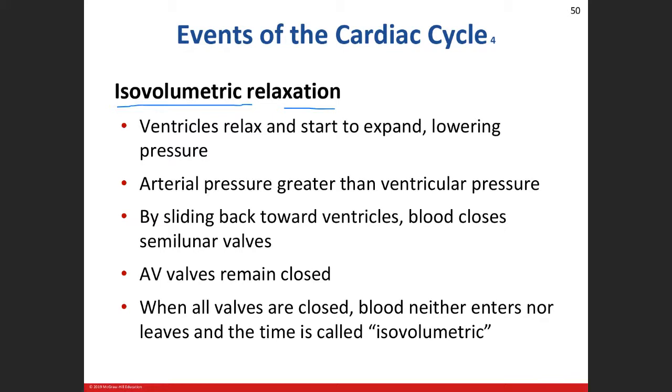So AV valves closed, semilunar valves are also closed. And at the same time, keep in mind, the pressure in the ventricles is going to be less than the pressure in the arterial vessels.